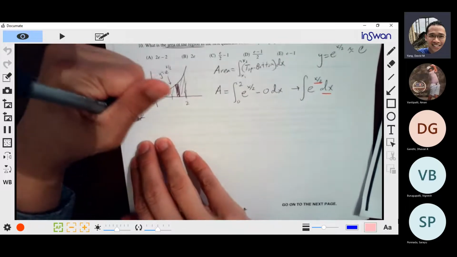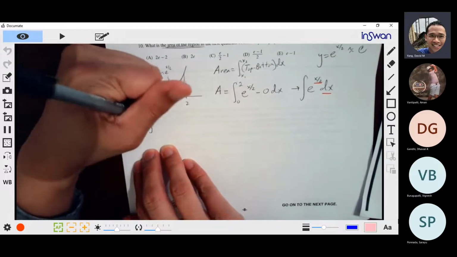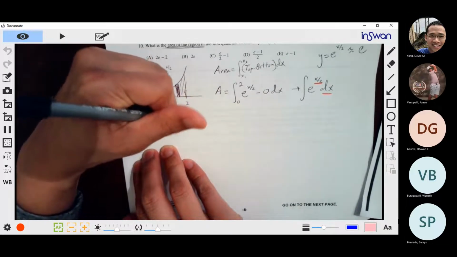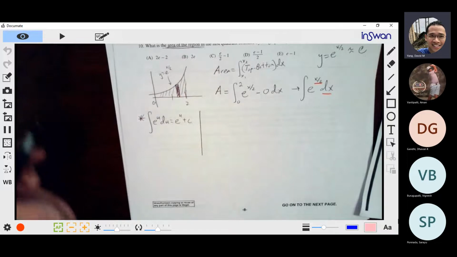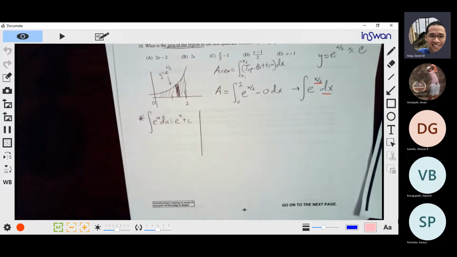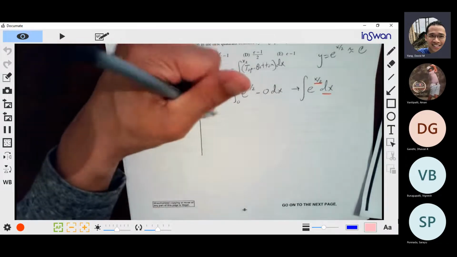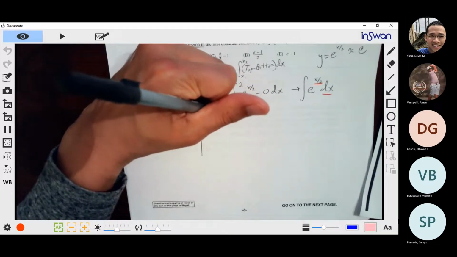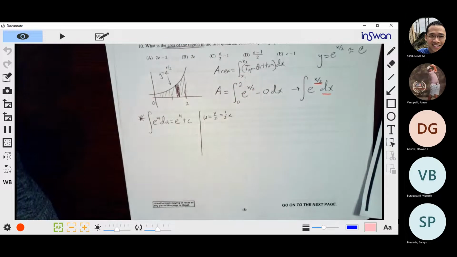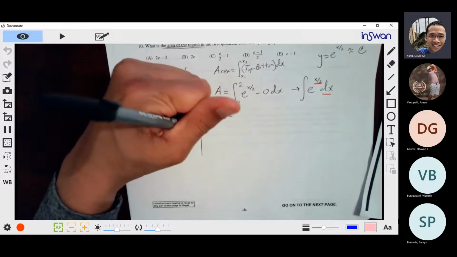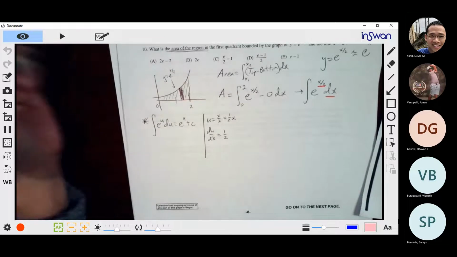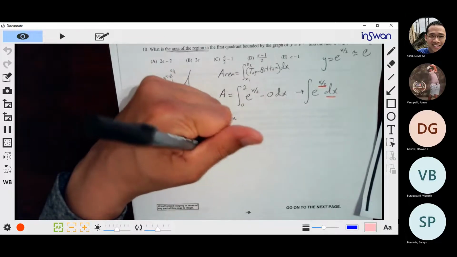And recall, the rule that we're going to try to work towards is this e to the u du rule, which is e to the u plus c. Okay, so our u value is x over 2, which is 1/2 x. We find the derivative, du dx. Solve for dx.